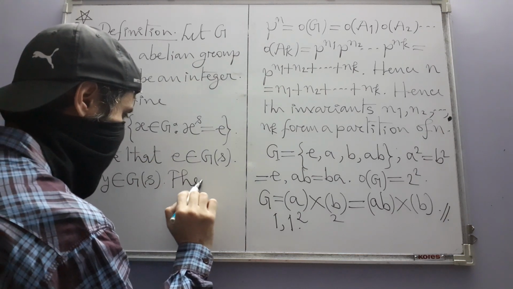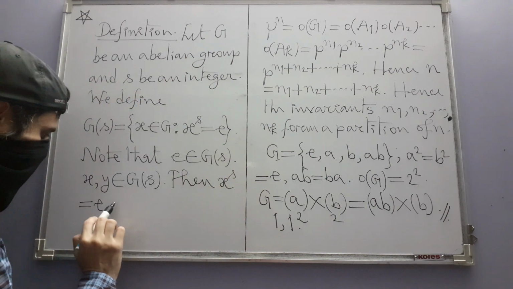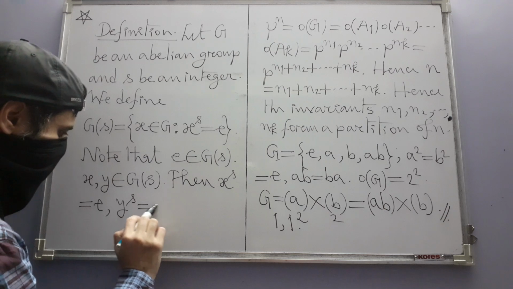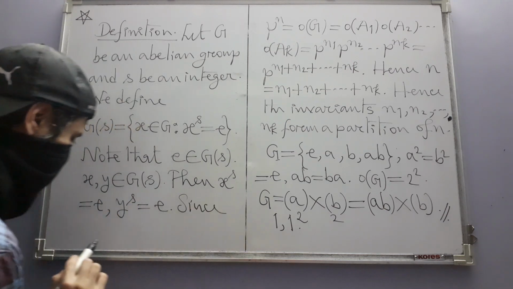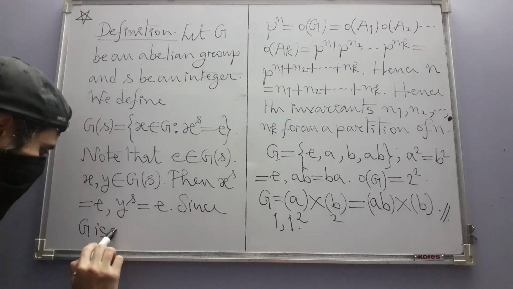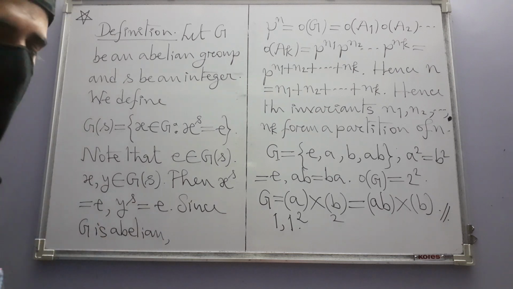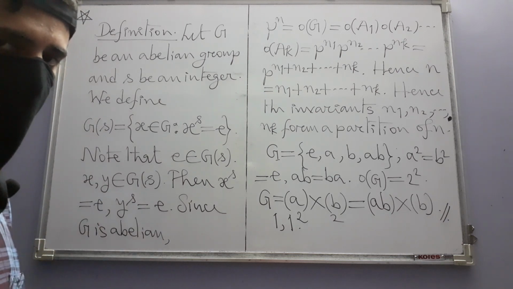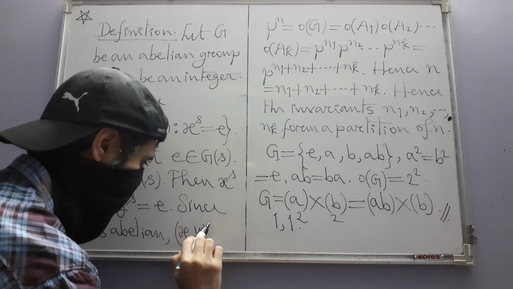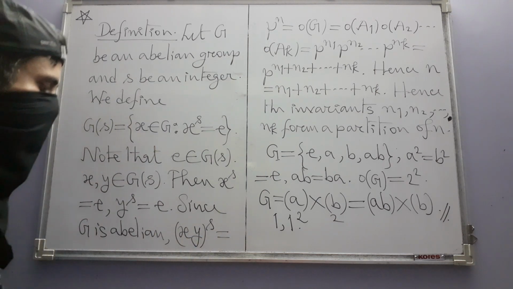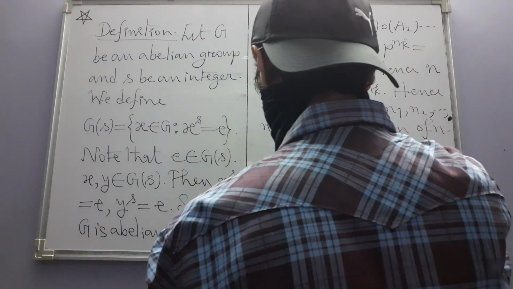Then x to the power s is e and y to the power s is also e. Since G is abelian, from a previous exercise that we have seen long ago, xy to the power s is equal to x to the power s times y to the power s.